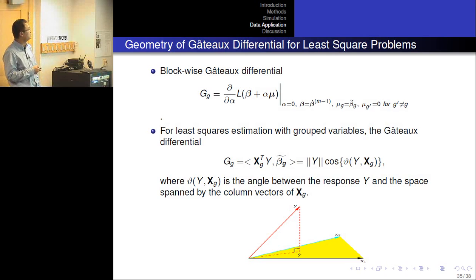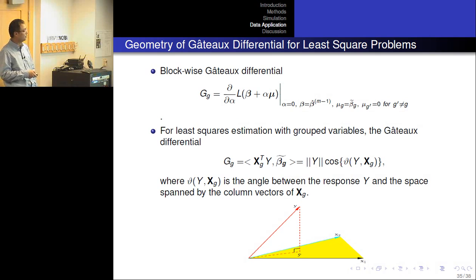And this Gâteaux differential in the linear regression case has a connection with the LARS algorithm. We know that for the linear regression case, for the LARS algorithm, we use the angle between our response variable and the space spanned by the variables to determine whether the variable is important or not. For example, if the outcome vector is perpendicular to this space spanned by the variables, that means the outcome has no relationship with this set of predictors.